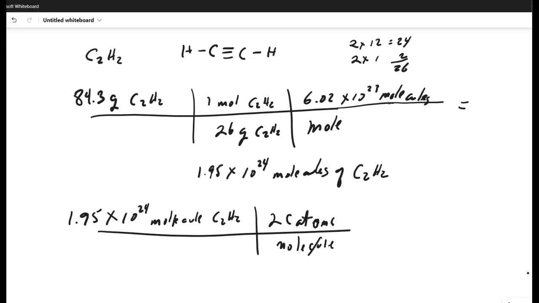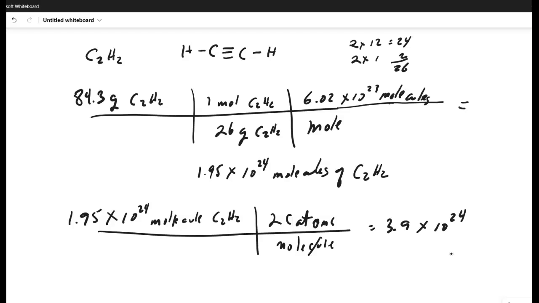My molecules will cancel, and I'll be left with carbon atoms. So 1.95 times 2, that's almost 3.90, right? Yep. So it's going to be 3.9 times 10 to the 24th.